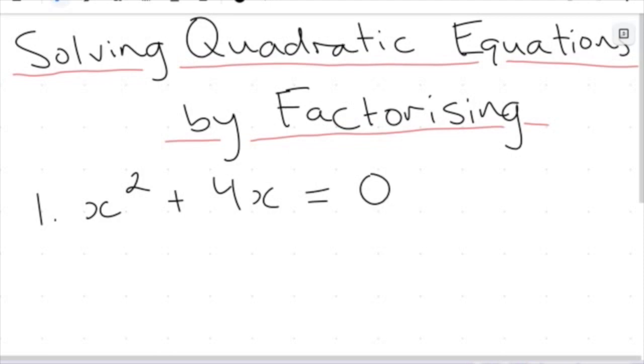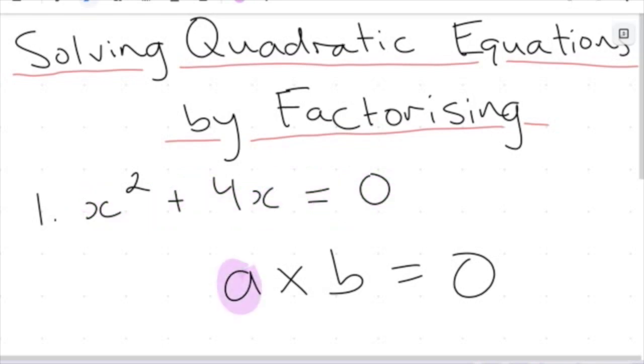Now, if you remember from the last video, the only way we were able to apply the null factor law is if our quadratic was reduced to some kind of product, because the null factor law told us that to get a product equaling 0, or in other words the solution to this equation here, one of our terms in the product has to be 0, and there are two cases, if A equals 0 or B equals 0.